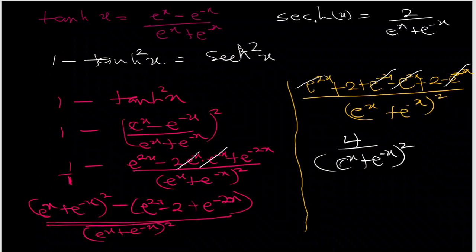Now, when we square sech x, we are going to get the same thing. Let's actually do it on a different page so that you can see it very clearly.